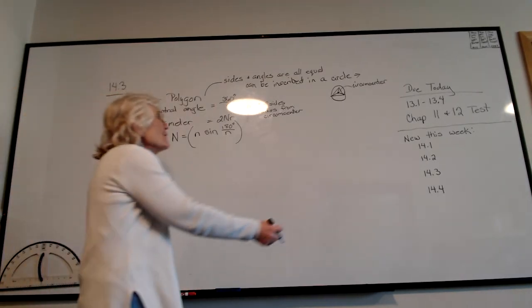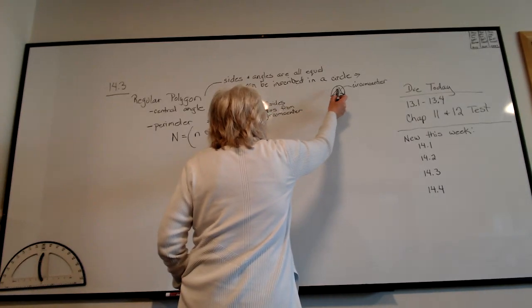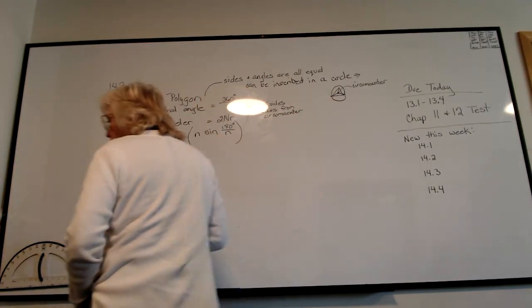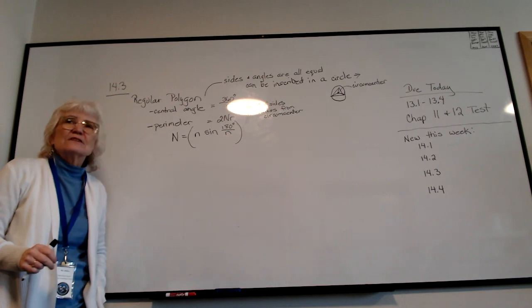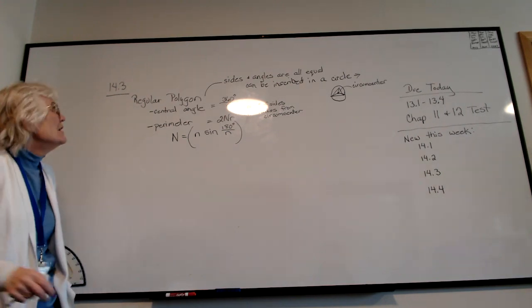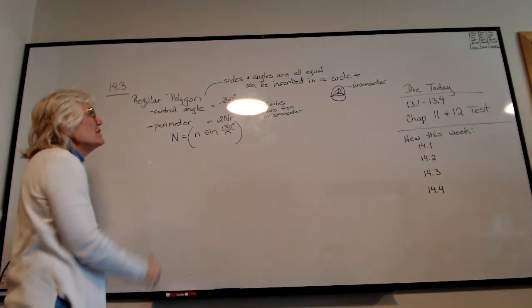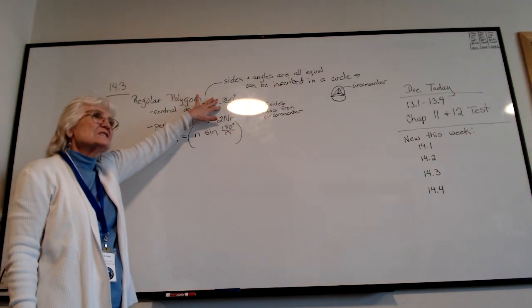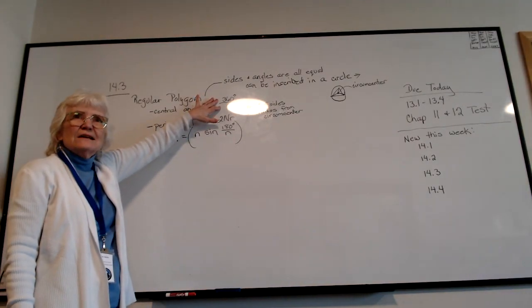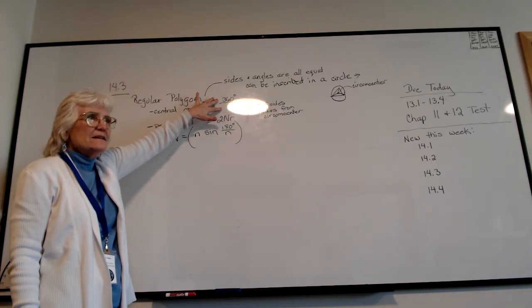We found that from that point, we can find the central angles. The measure of the central angle is always found by taking 360 degrees and dividing it by n.